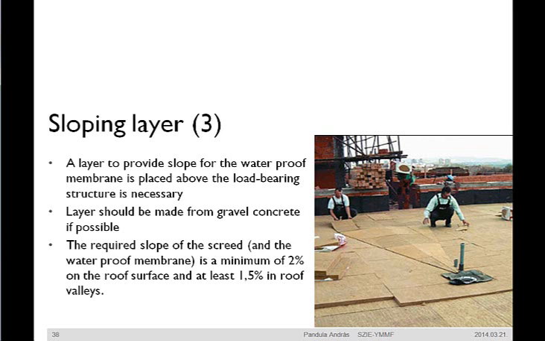Sloping layer created from stepped thermal insulation could be made from mineral wool or polystyrene foam heat insulation board. In the picture you can see roof where the sloping layer is created from mineral wool.